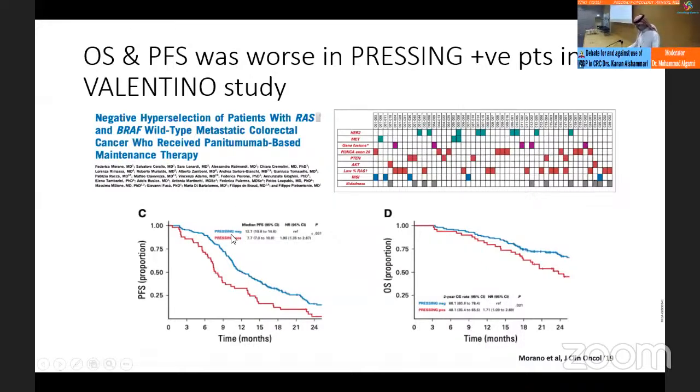They looked retrospectively at pressing negative and pressing positive patients. So NGS pressing positive, and they found that the progression-free survival was actually significantly less compared to pressing negative NGS. Overall survival was also significantly less if you have pressing positive, regardless of sidedness.